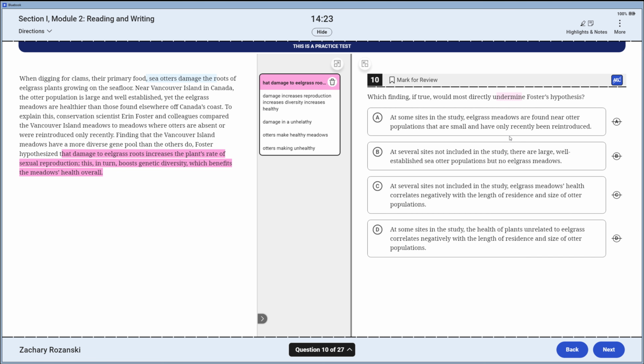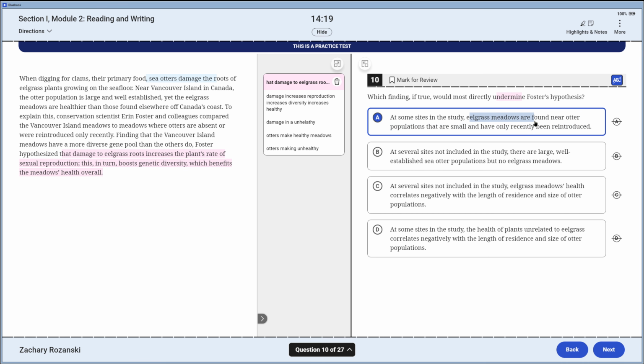At some studies, otters are found near otter. I don't know how this would undermine it because it's not speaking to the health of the meadows and it's recent. So I would want some duration. We'll table it. At several sites not included in the study, there are large, well-established sea otter populations, but no eelgrass meadows. No, we're going to take this off the table. No part of his claim is that otters need them in order to survive.